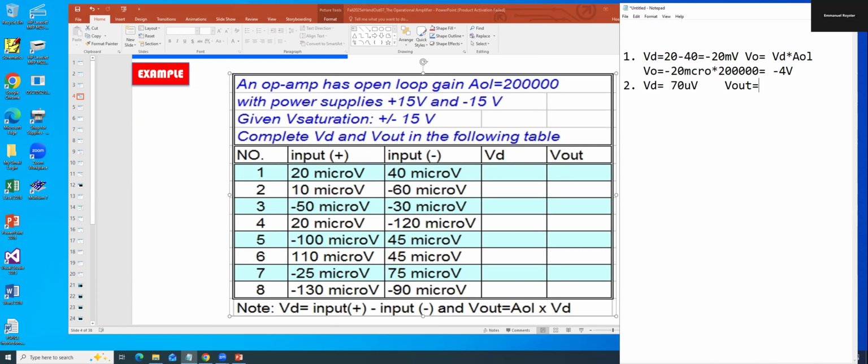Sorry. No, yeah, I think it's negative, minus 14 volts.